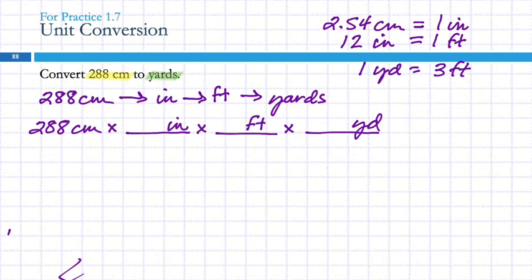What I want to do is I want this unit of centimeter to go away. I need to get rid of most of these units. So the way to get rid of centimeters is over here. I'm going to divide by centimeters. Because centimeters divided by centimeters cancels out, gone. How do I get rid of inches? Divide by inches.